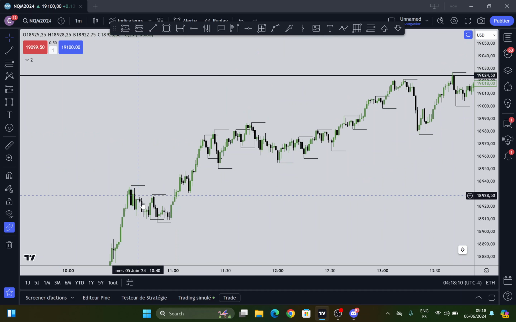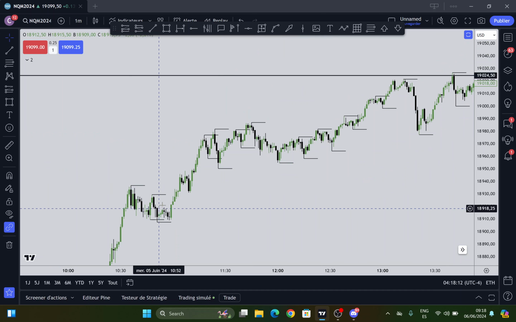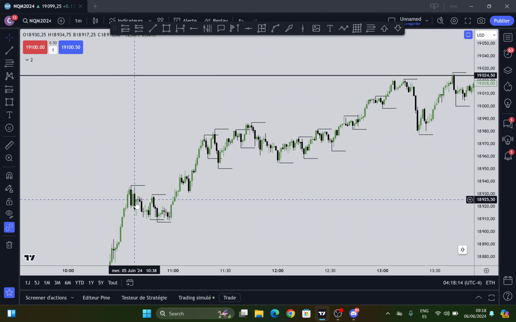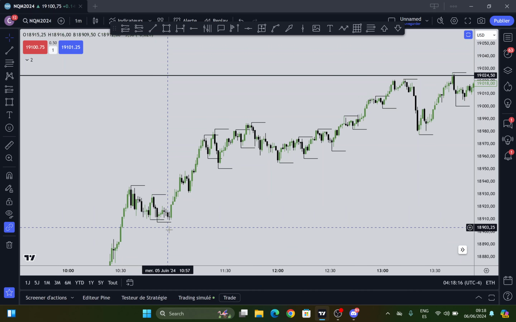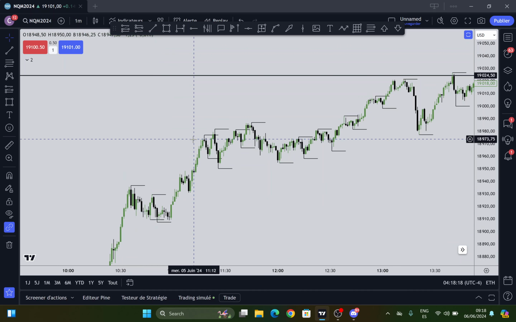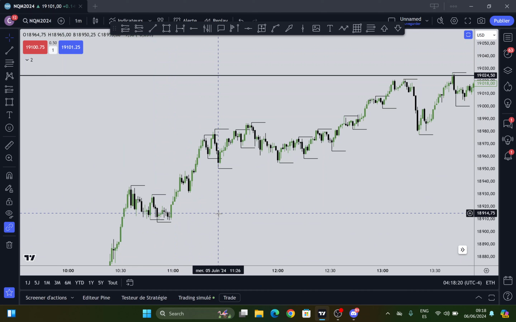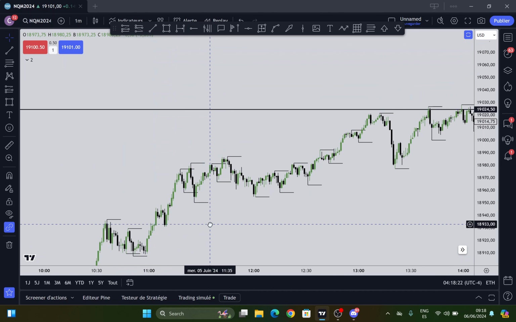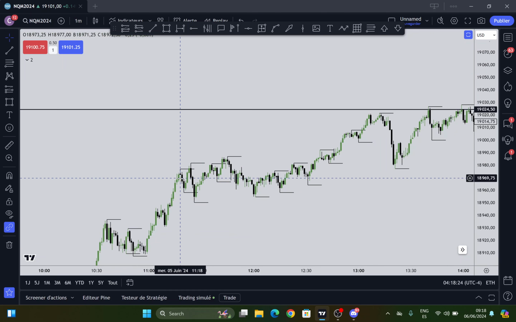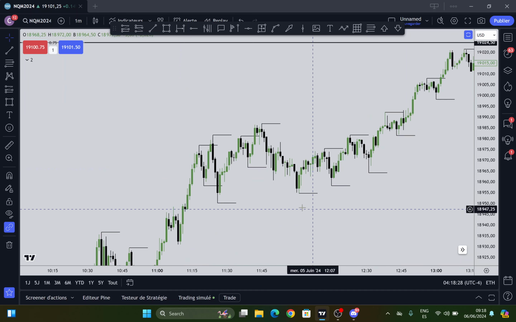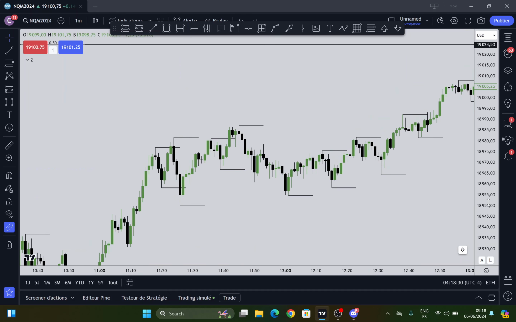So what I like to wait for is a zone to be created, a fake one, a small one. Wait for them to take its low, wait for them to take the high, and then come back to the newly created 50%, which happened here, right? This is perfectly what I was trying to tell you guys.